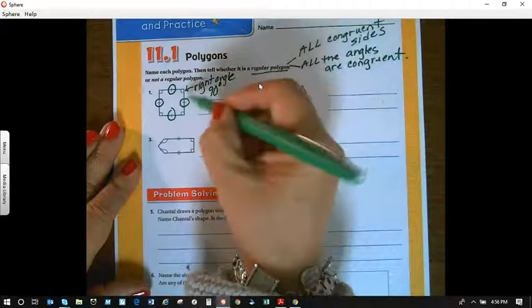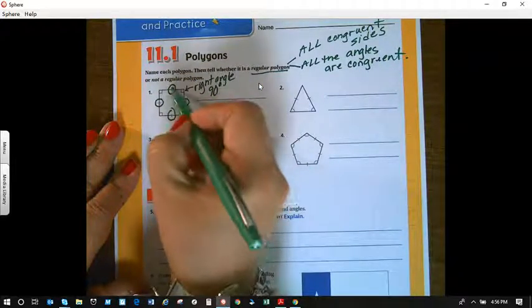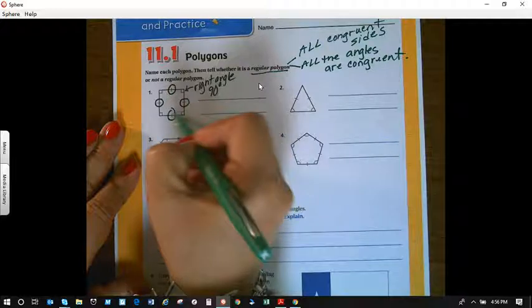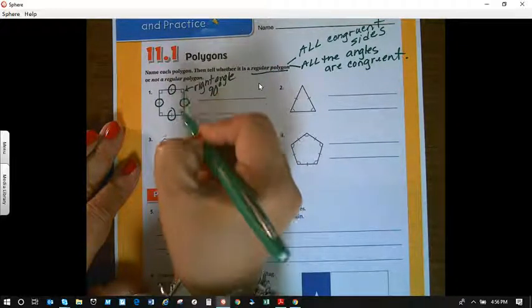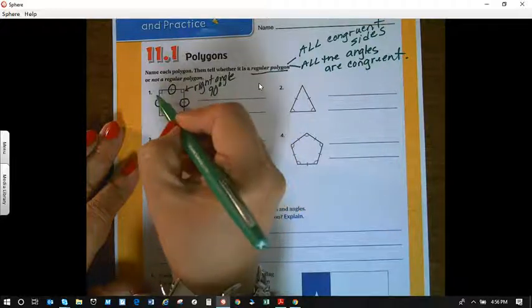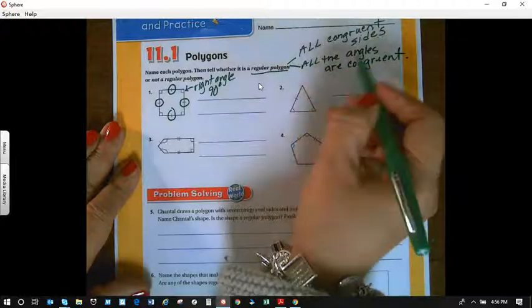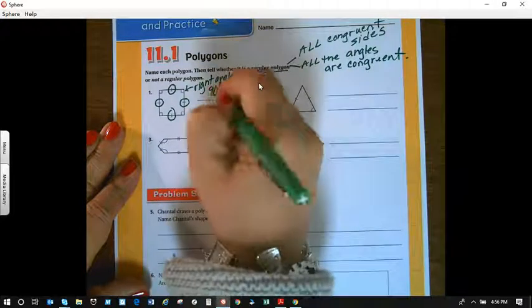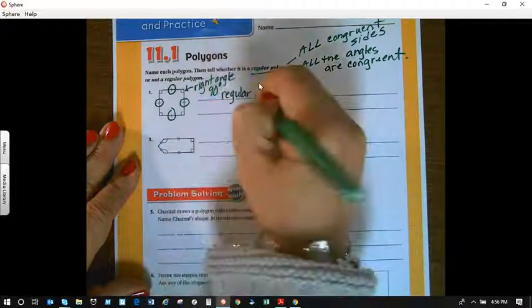So now if we take a look, all sides are equal because this line is equal to this line, which is equal to this line, which is equal to this line, and this right angle is a right angle, which is a right angle, which is a right angle. And because all sides are congruent and all angles are congruent, this makes it a regular polygon.